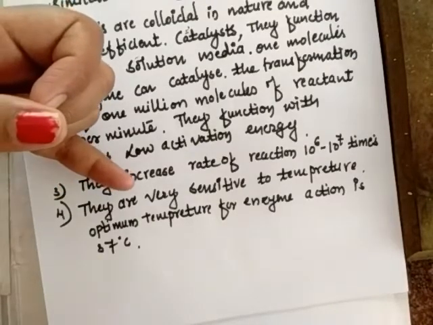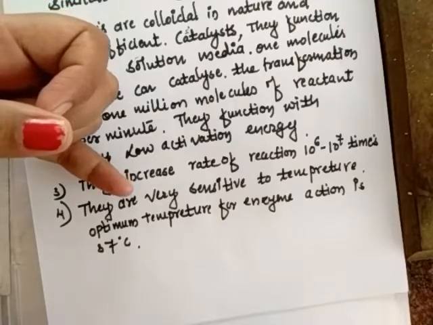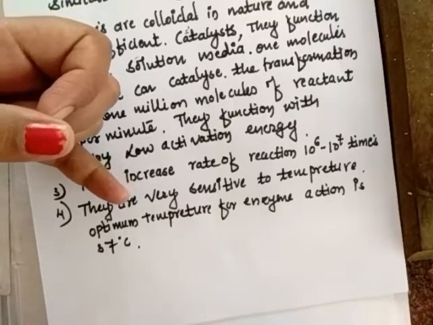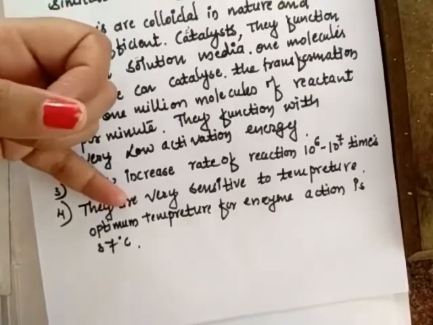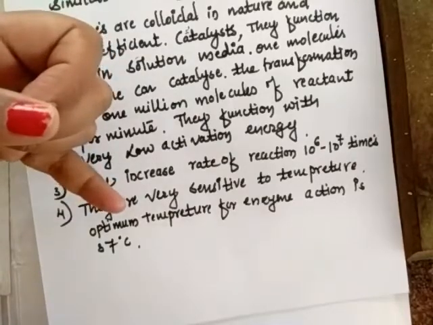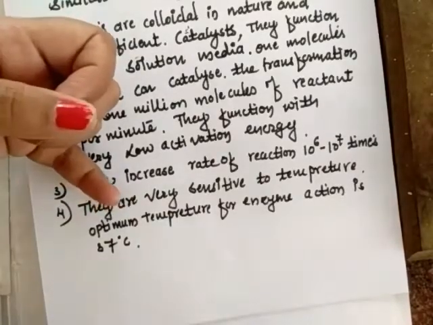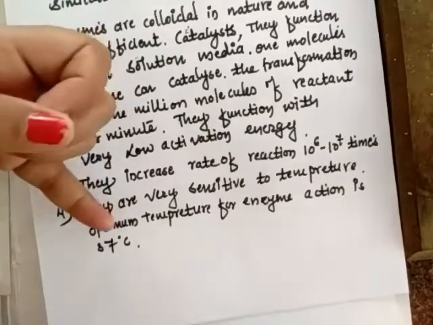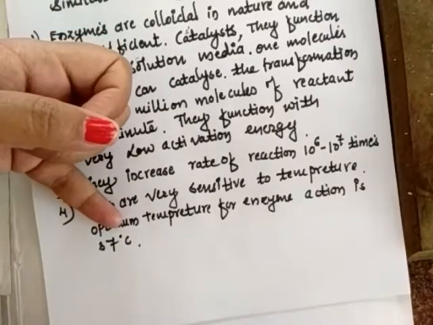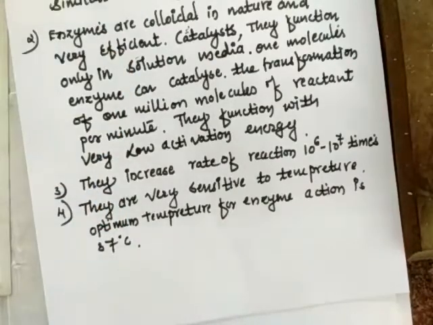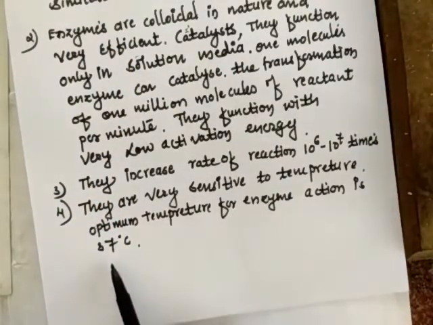In the rainy season it never ferments properly, but in the summer season you will get proper dough for making your dosas, isn't it? So it is a very good example of enzyme catalysis, meaning they are very sensitive to temperature. The optimum temperature range for enzyme action is about 37 degrees Celsius, or 310 Kelvin, that is body temperature, which is very important. Okay, 37 is also body temperature, no? So 37 degrees Celsius is the optimum temperature for enzyme action.